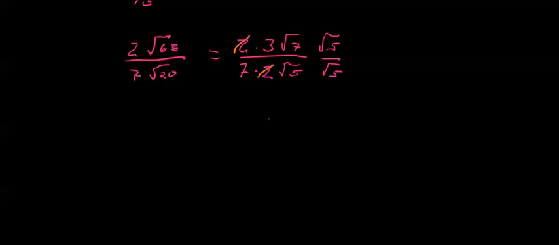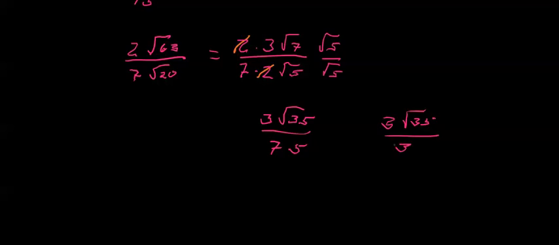I end up with 3 radical 35 over 7 times 5, or 3 radical 35 over 35. And that's as simple as it gets.